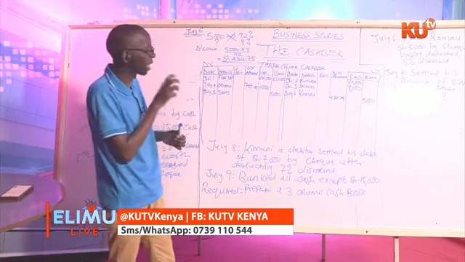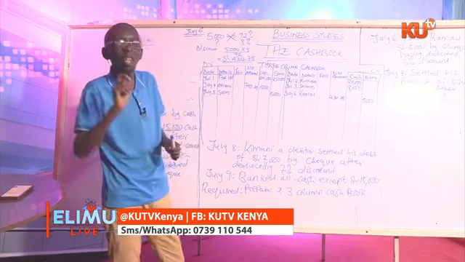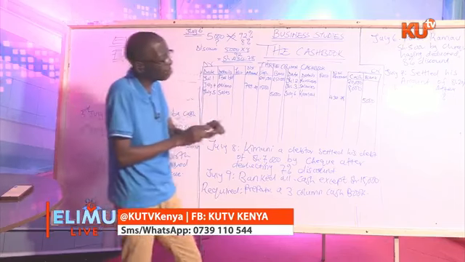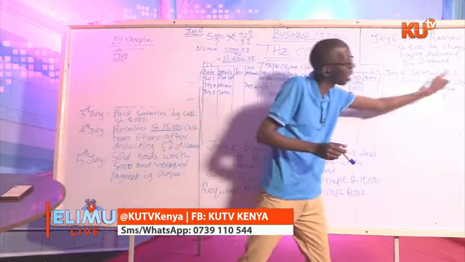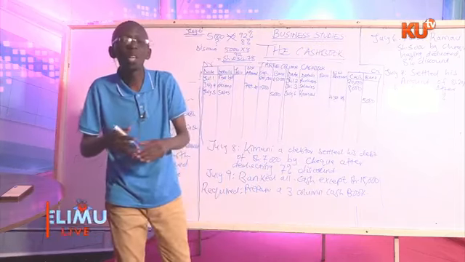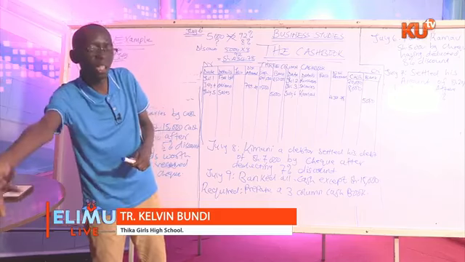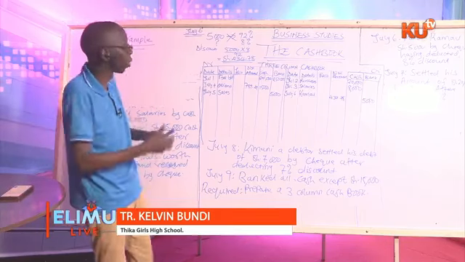My dear student, now get this. Settled his account off. Settled his debt off. It doesn't mean that he paid 20,000. We are not told that he paid 20,000. We are told he settled his debt of 20,000. So he didn't pay 20,000.